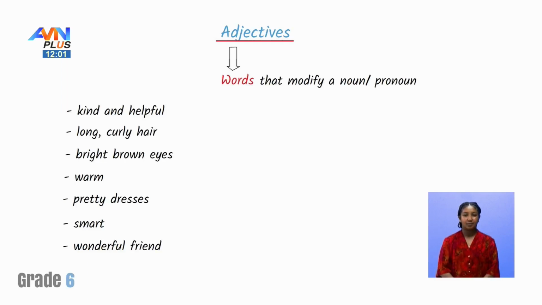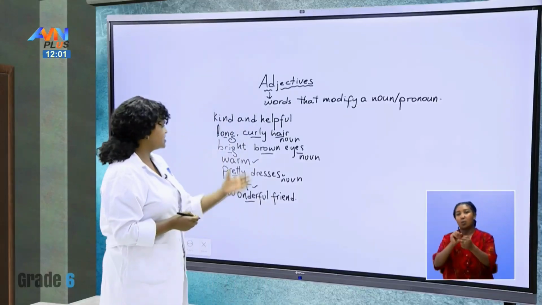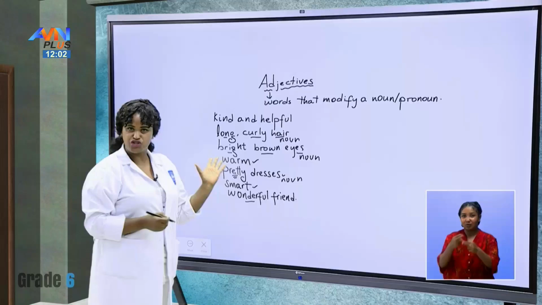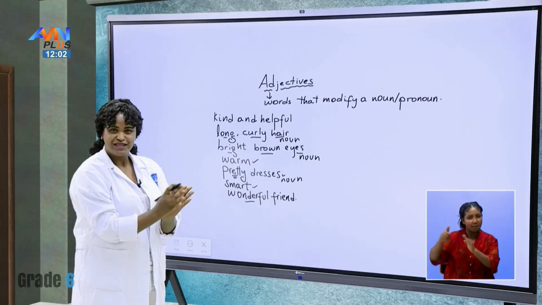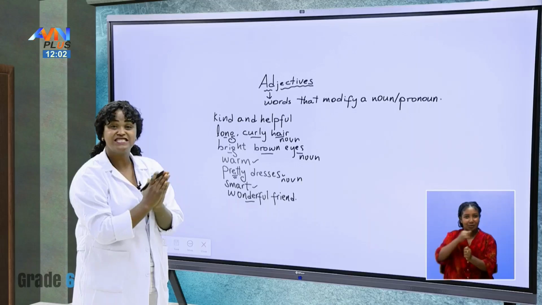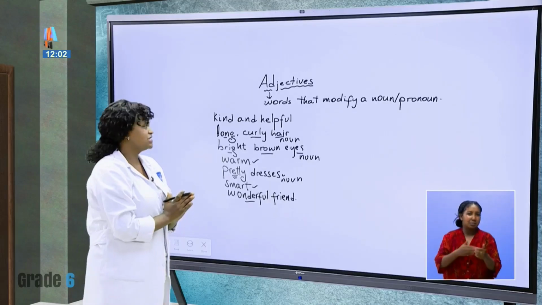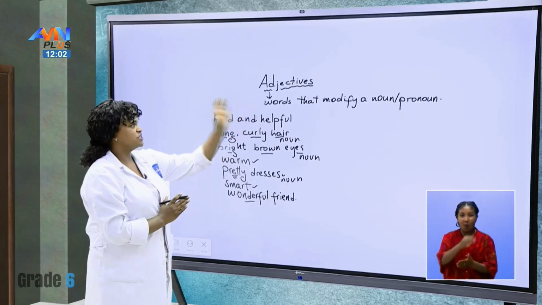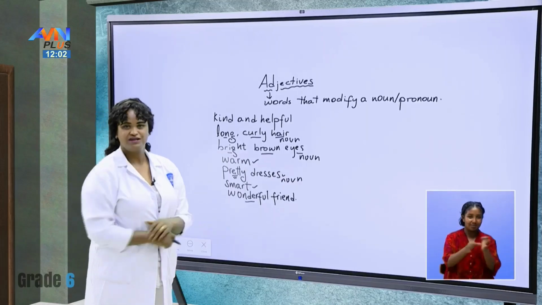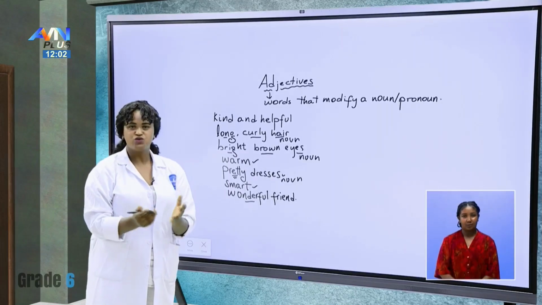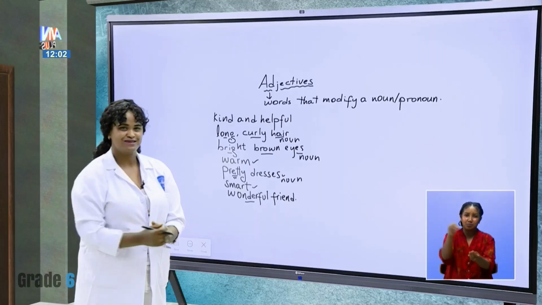Yes, noun or pronoun, because as you can see from the short description of my friend, I was describing every noun so that you can identify my friend simply. So, adjectives are words that modify a noun. A word which gives you more information. All right?